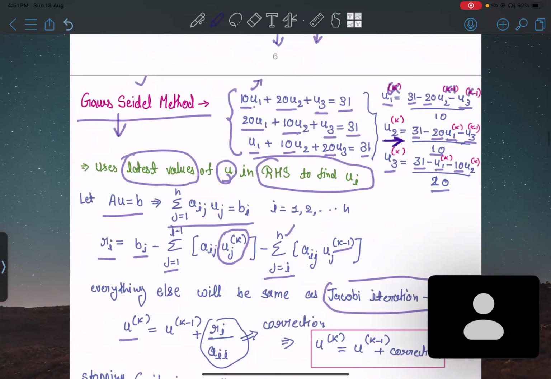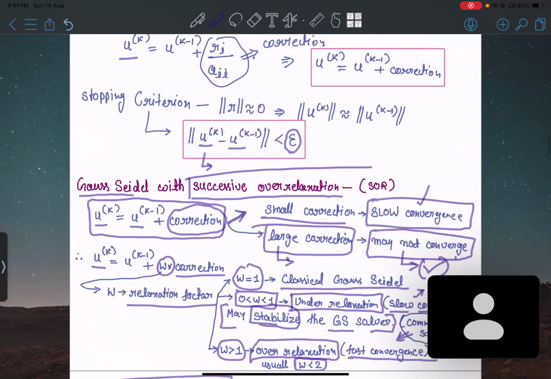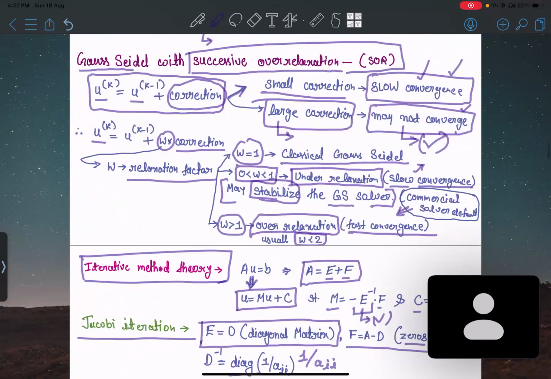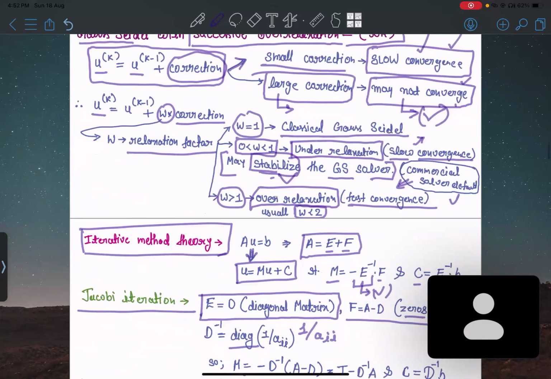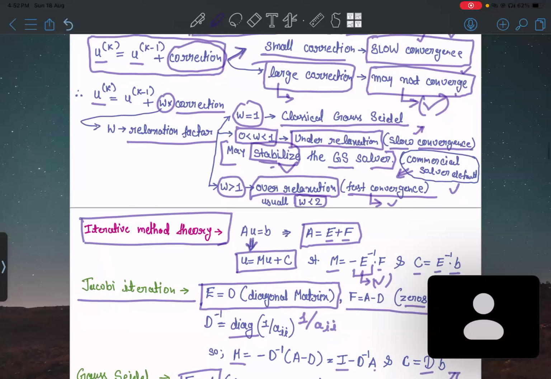Then we have seen the successive over relaxation method in Gauss Seidel and how it can slow the convergence or speed up the convergence and what its use is. It may be used to stabilize the solver, or it may be used to speed up the solver. Okay.